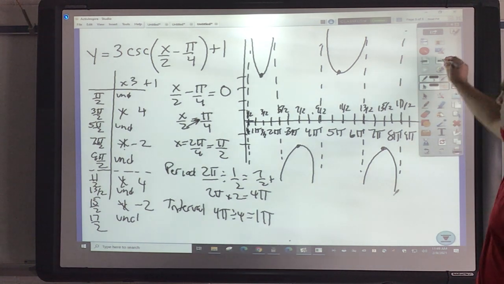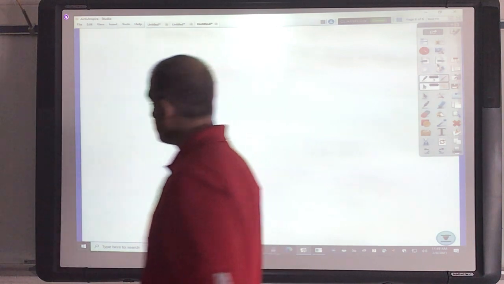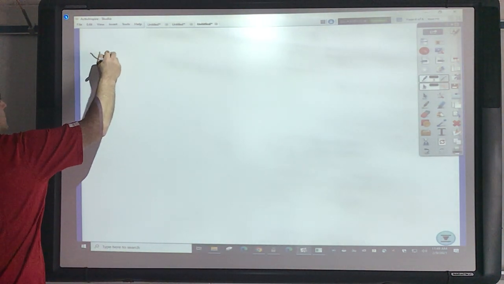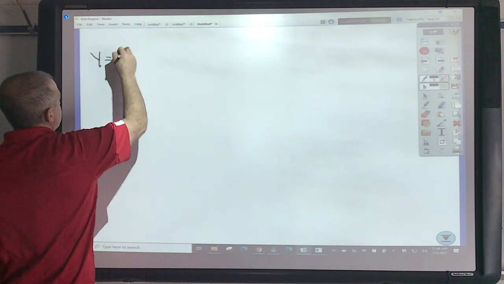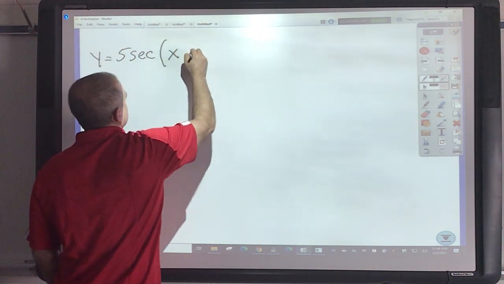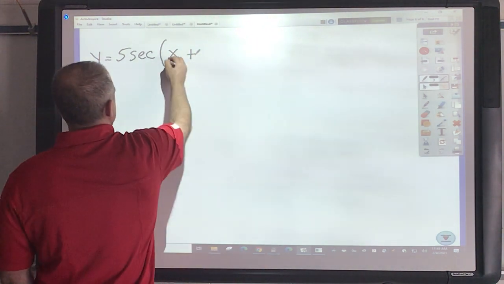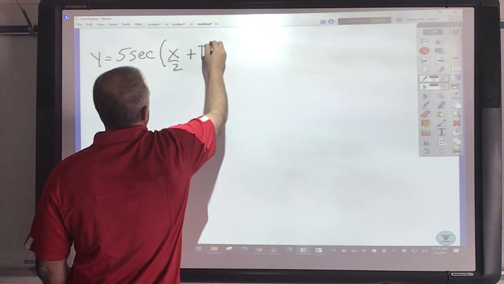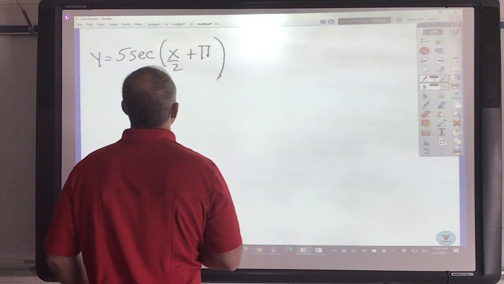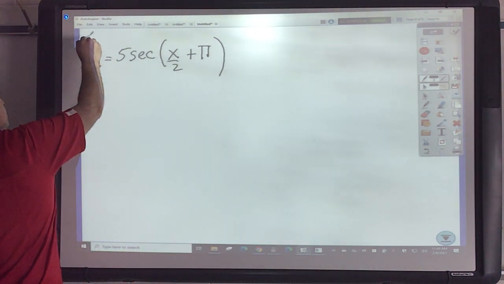Okay, so just like I've done in the past, I'm going to give you a secant one. Let's do 5 secant of x over 2 plus pi. I want you to graph that one.